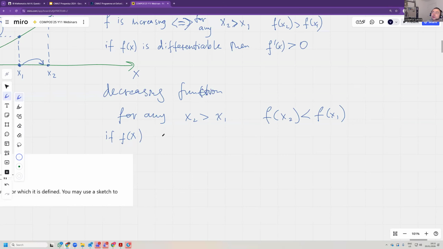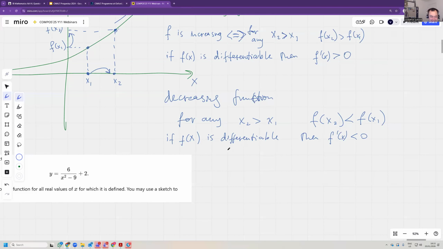You can't differentiate all functions. Some of them don't have a derivative. If f of x is differentiable, then the derivative is negative. So a negative derivative means a decreasing function, as long as the derivative exists.